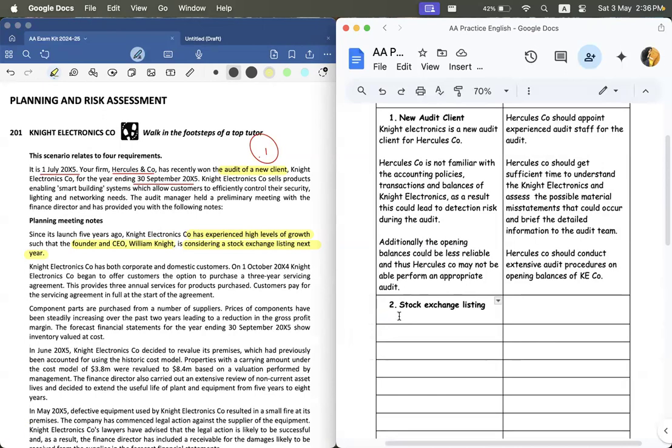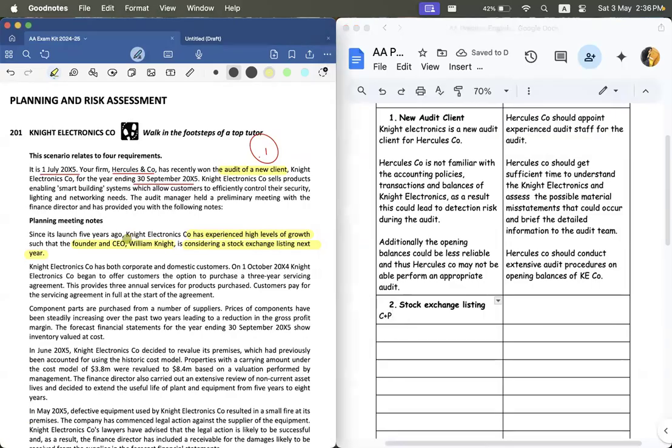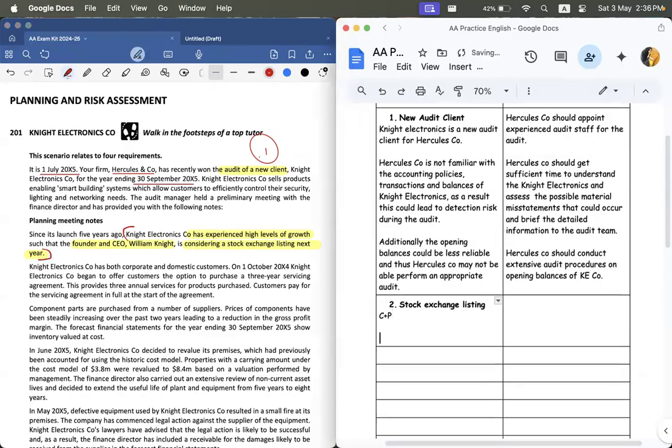The first sentence is going to be copied and pasted from the scenario itself, from here till here. Then you're going to say what is the implication or consequence of this particular risk.